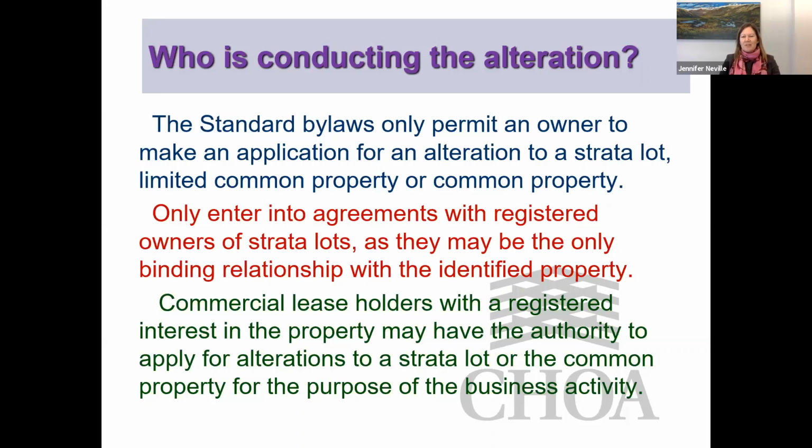But it's really important to make sure that the owner's involved in that agreement as well, because if something goes wrong, the strata corporation wants to make sure they can go back against the owner and the tenant. But for bylaw enforcement purposes, going after the owner is critical because you have more flexibility as far as what you can do against an owner versus what you can do against a tenant.